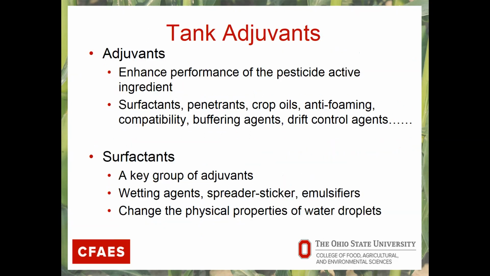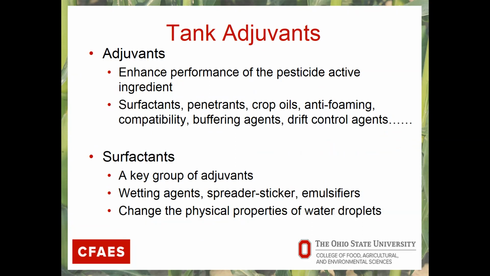So we've mentioned adjuvants. A tank adjuvant is a broad term describing any additive to a spray tank that enhances pesticide activity and/or the physical properties of the spray mixture. Adjuvants are designed to perform specific functions, including buffering, dispersing, emulsifying, spreading, sticking, and wetting. Adjuvants can also reduce evaporation, foaming, spray drift, and volatilization.